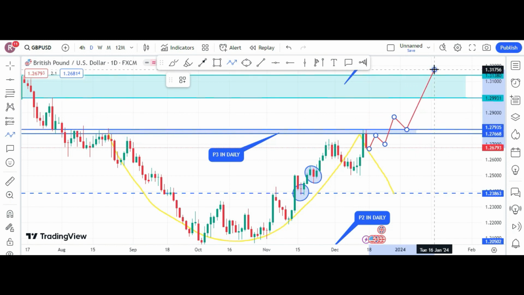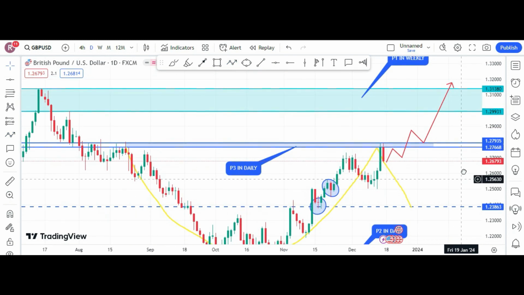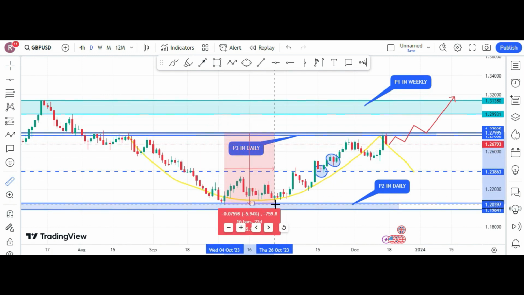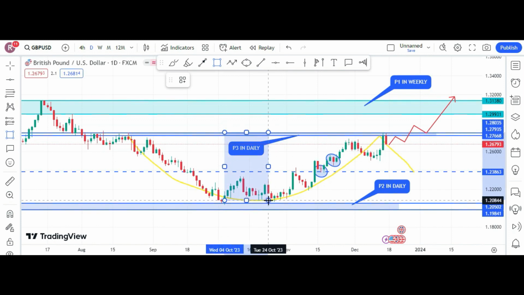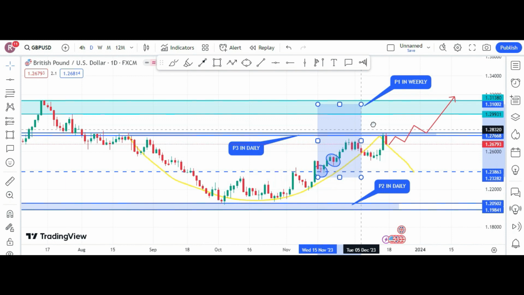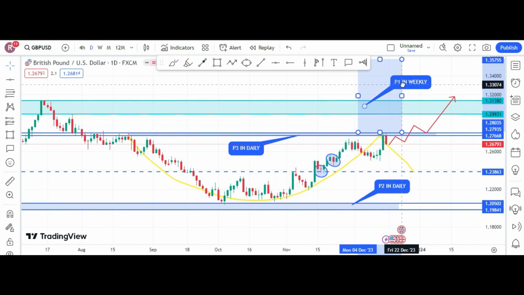And how far it will move, I have to show you guys. It will exactly move to the depth of this cup. So the depth of the cup is 759 pips, if we can see. So it will be 759 pips, something like this we are expecting here.